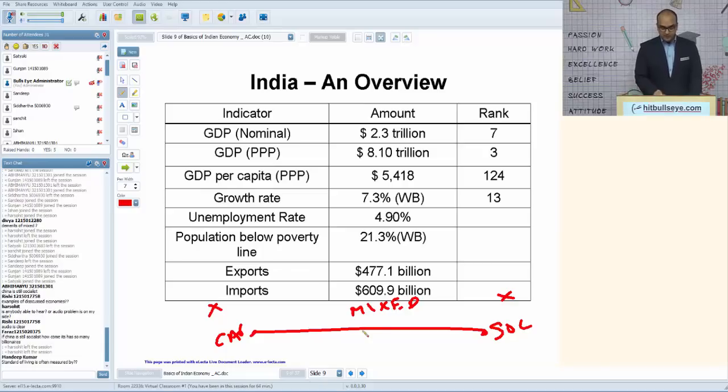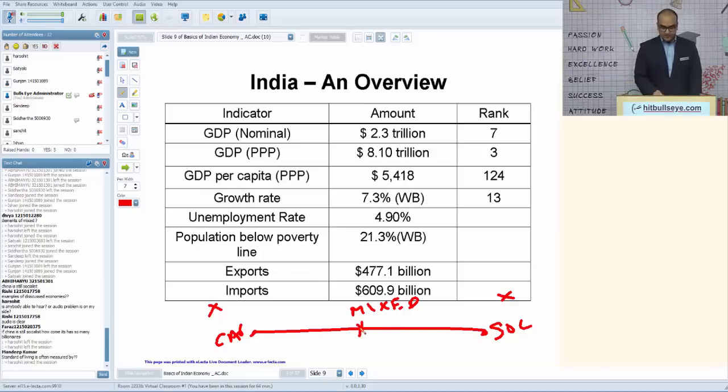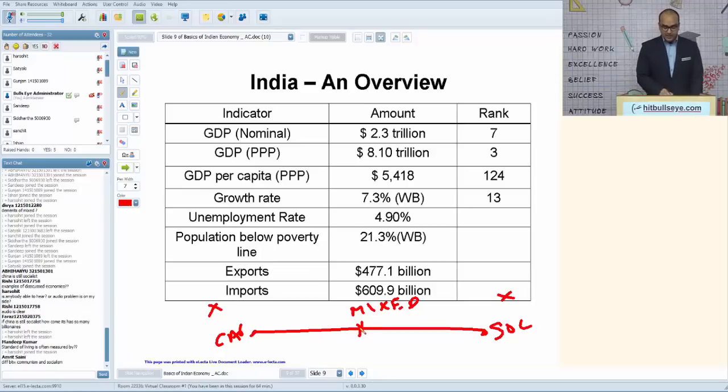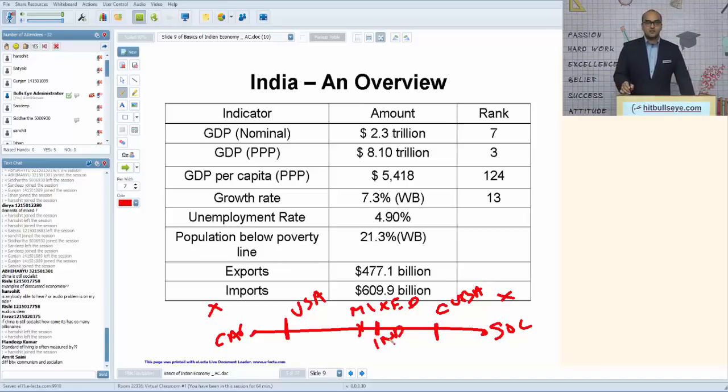However, if this is the central point of this continuum, there are certain economies which lie more towards capitalism, like USA. And there are certain economies which are lying more towards socialism, for example, Cuba. And if you talk about India, on this continuum, perhaps you can categorize us somewhere over here. So there are no absolute capitalist economies and no absolute socialist economies.